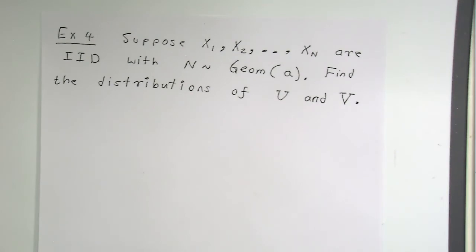You have IID losses, but the number of investments is geometrically distributed with parameter a, and we want to find the distributions of U and V.